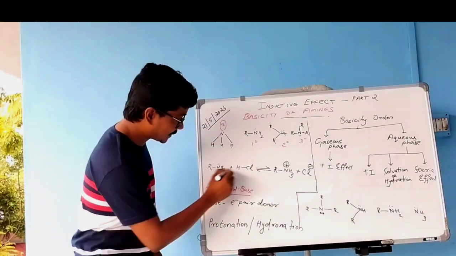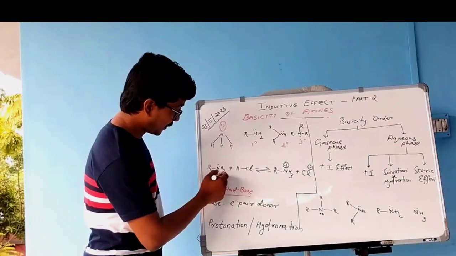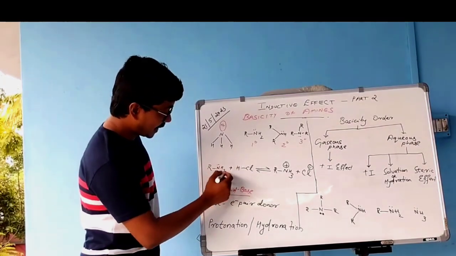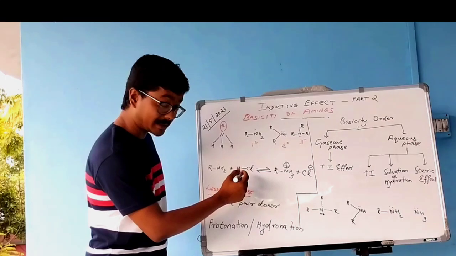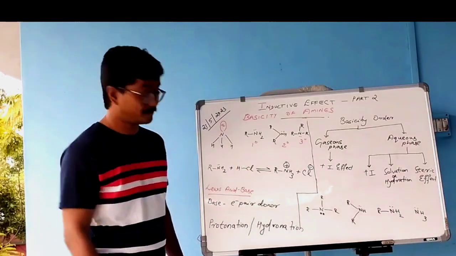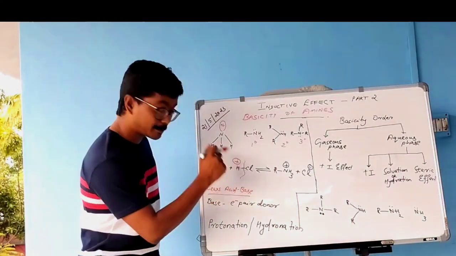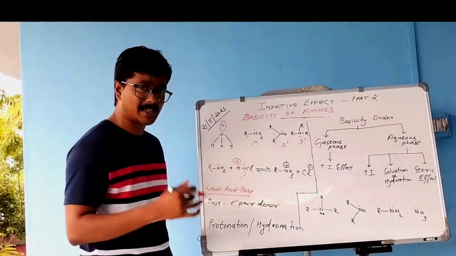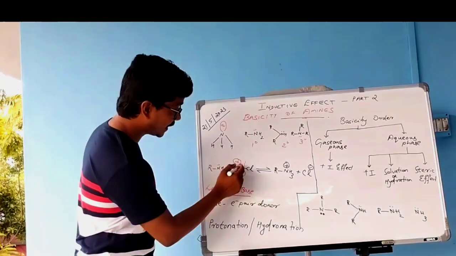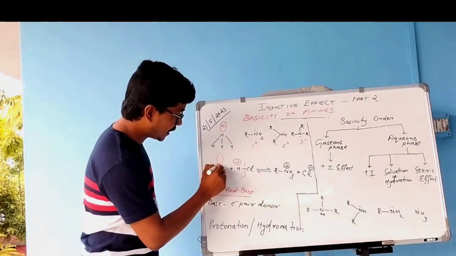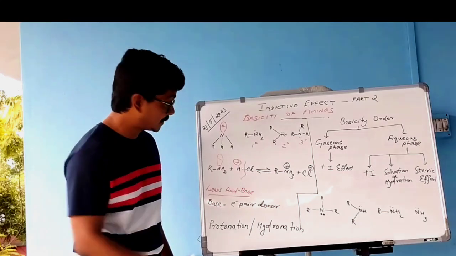So let's consider this chemical reaction where hydrochloric acid is added to an amine. So this bond is breaking and one proton, H plus ion, is there and Cl minus ion. We will consider only the electrophile, the H plus ion. The amine is having a lone pair of electrons.